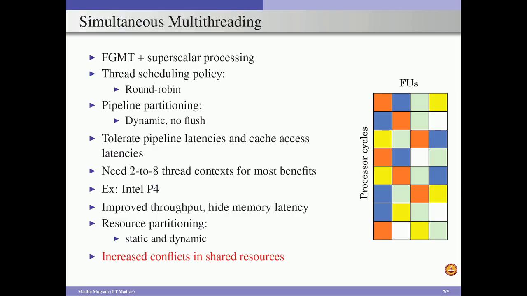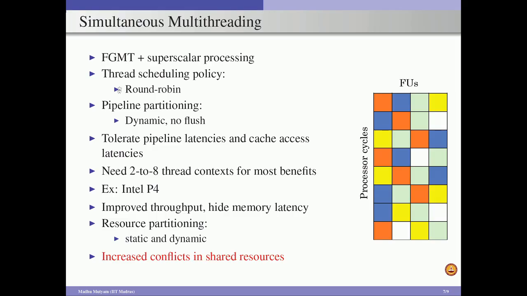Because we are considering the fine grained multithreading concept, we use a round robin thread scheduling policy here. We can switch between multiple threads at a cycle granularity, and we can share our pipeline stages across multiple threads. That is a dynamic pipeline partitioning mechanism, and we are not going to consider a flush mechanism here.